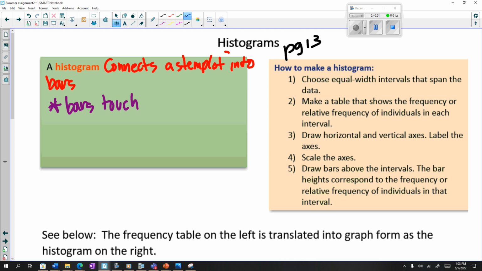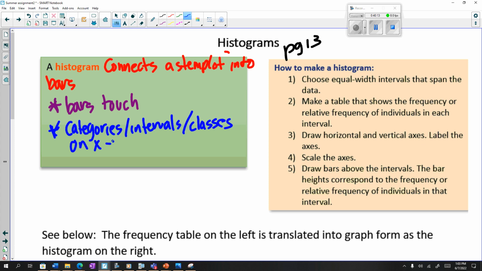Specifically important is that we have categories, or intervals, or classes on the x-axis, and we group observations into these intervals, and usually on the y-axis we put frequencies of how many observations fall into these.